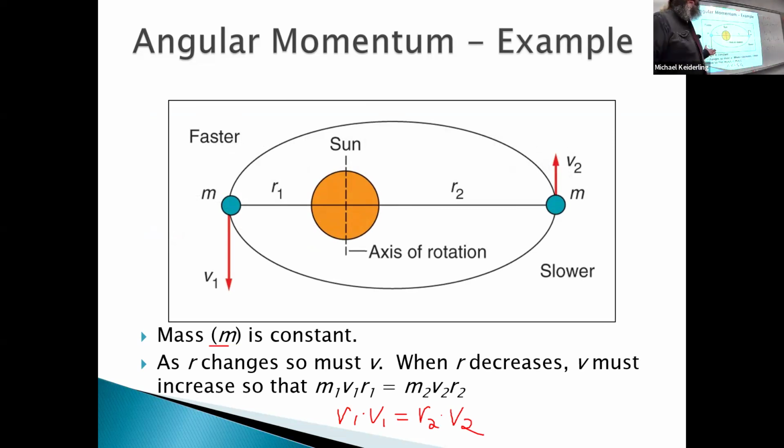Because mass is constant, but as the radius changes, so must the velocity. So when the radius decreases, the velocity must increase. So the mass times velocity times radius equals mass times velocity times radius. And because the mass of the object isn't changing, you end up with radius 1 times velocity 1 equals radius 2 times velocity 2.